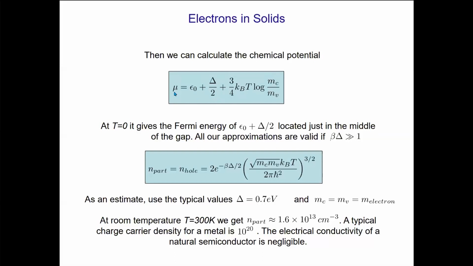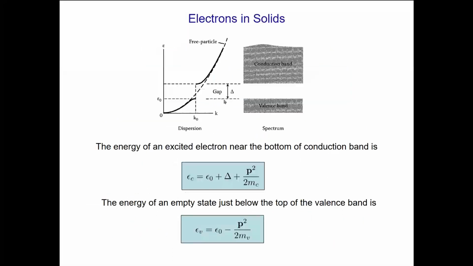And let me remind you that at T equal to 0, chemical potential is equal to the Fermi energy. So it implies that at T equal to 0, Fermi energy sits exactly in the middle of the gap, okay, in this picture. So here is the gap, here is epsilon 0 plus delta.